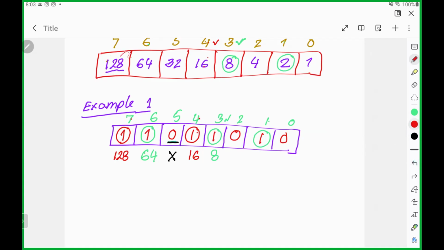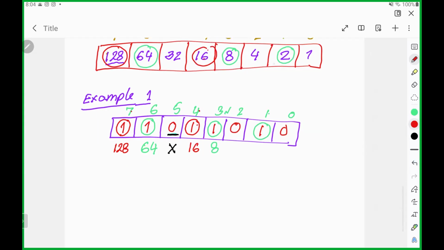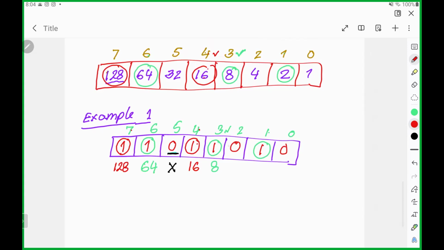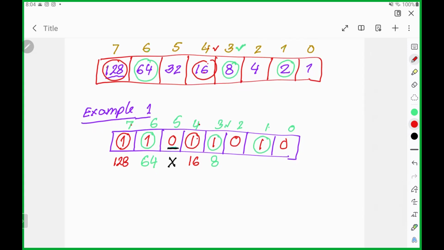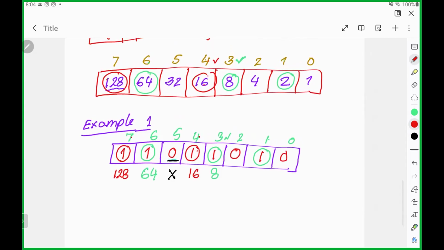This one is red, this one is green, then red here and green. This 1 actually corresponds to number 2, so we write down 2 here.